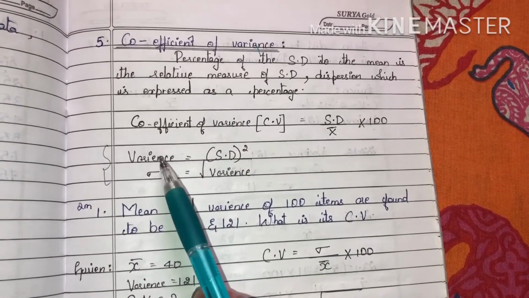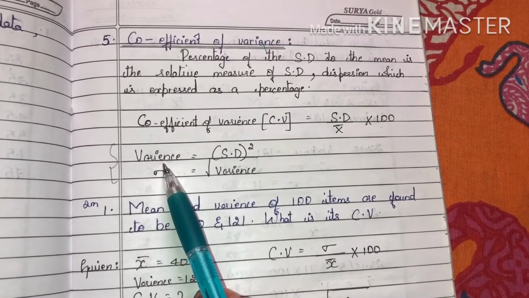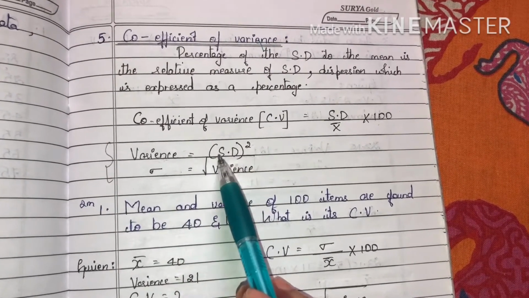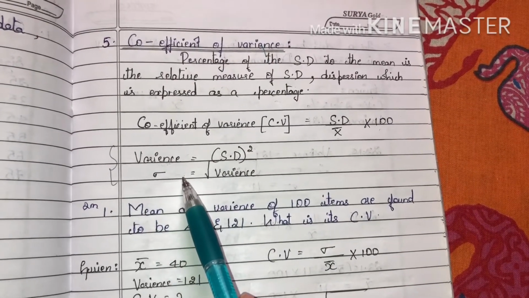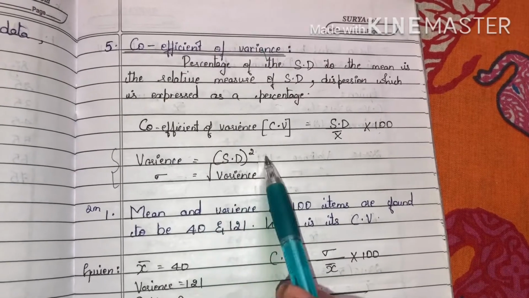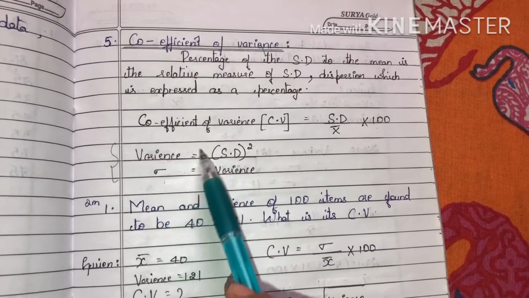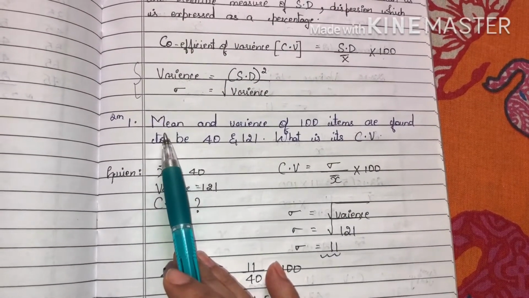They will ask you to identify variance by giving standard deviation, so you take standard deviation to the power of 2 and you will get variance. Next, sometimes they will give you the value of variance. Take the root of that variance, and you will get the standard deviation. Examples using these formulas are the questions which will be asked for 2 marks.